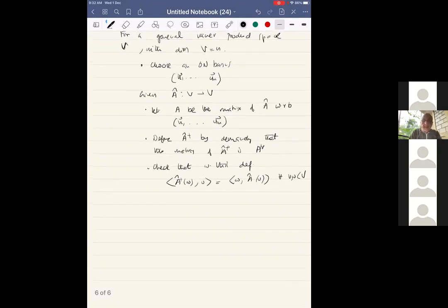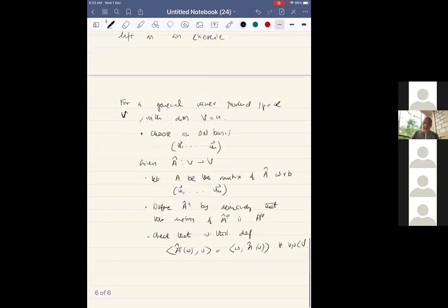So the important thing is this will work only if you do this with respect to an orthonormal basis corresponding to the inner product. And what we've seen is that given any real inner product space, by starting with any basis and doing the Gram-Schmidt orthogonalization, you can get an orthonormal basis. Okay.